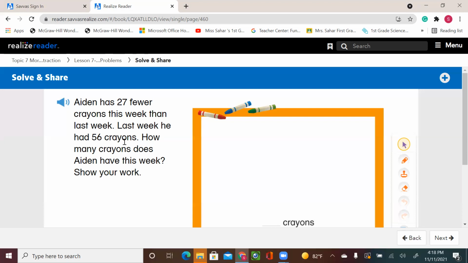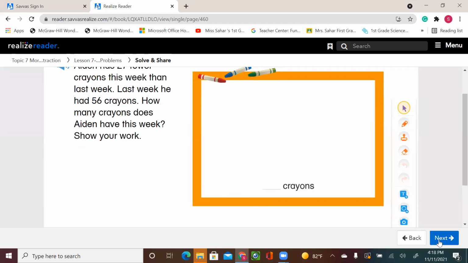So now I can tell that this is a subtraction. He had something and this week he has less than what he had before. So I'm going to subtract the 56 and the 27. So I'm going to take 27 away from 56 because he has 27 fewer crayons than the previous week, or last week. So let's watch our video and come back to this equation.